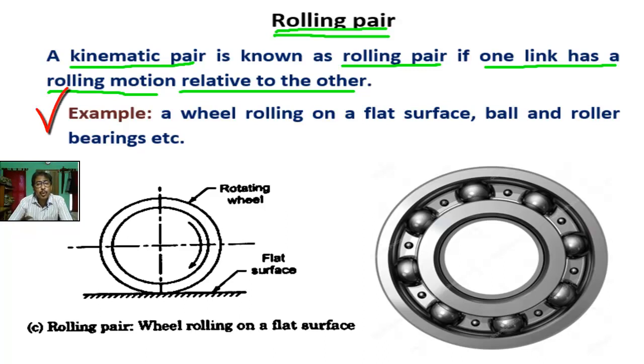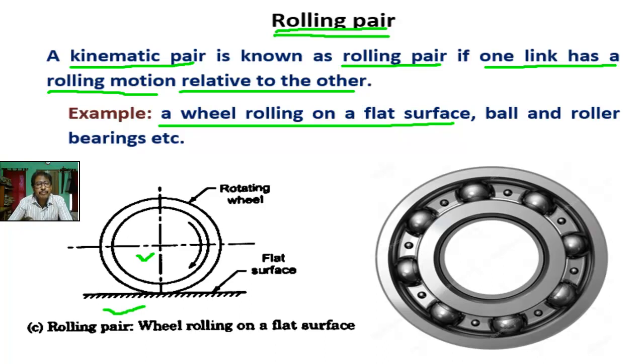Example, a wheel rolling on a flat surface. A wheel here, this is a rotating wheel, this is the flat surface, this is a link, this is a link.